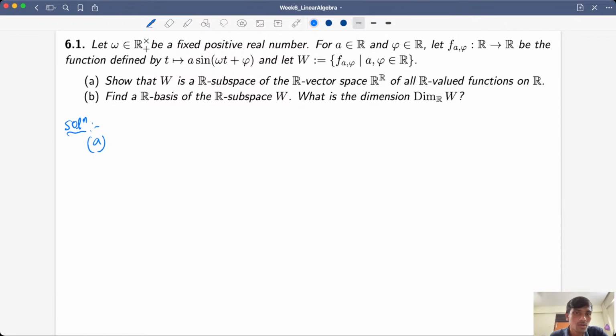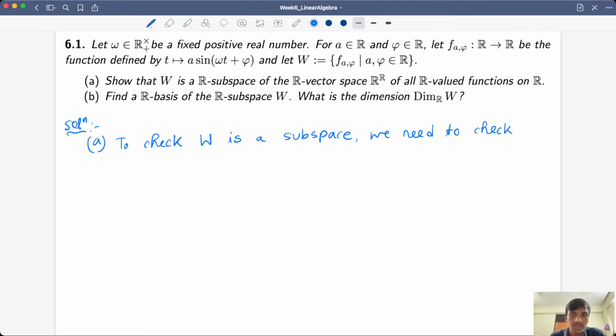To show W is an R subspace of the R vector space R power R, what do you need to check? Whenever you need to check that W is a subspace of some bigger vector space, you check two things.